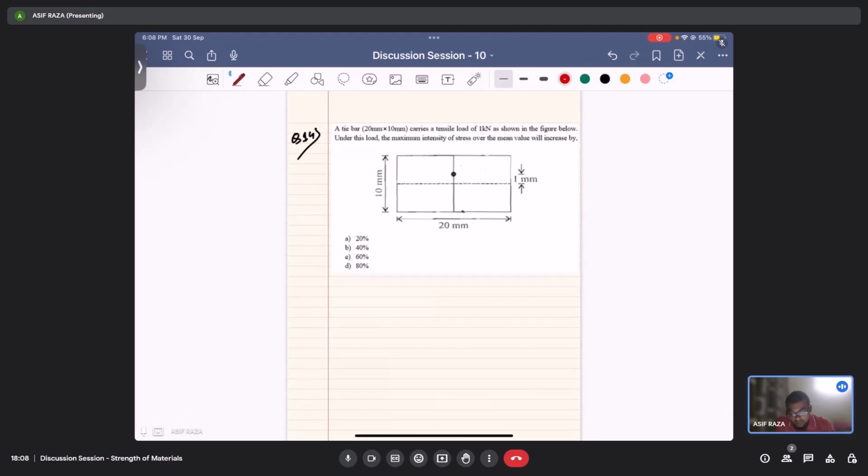For example, in this question, the load is applied at this point, so there is an eccentricity involved, so there would be a direct axial stress, and there would be some bending stresses generated due to this, so there would be a positive and negative.